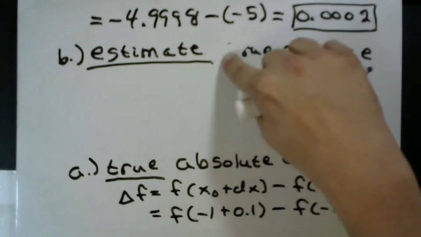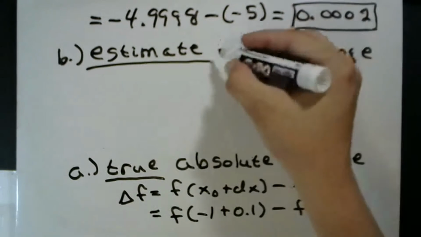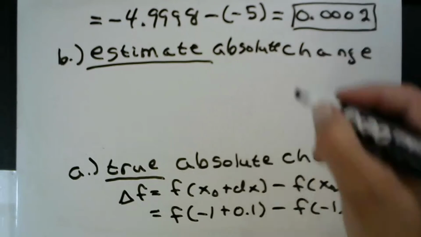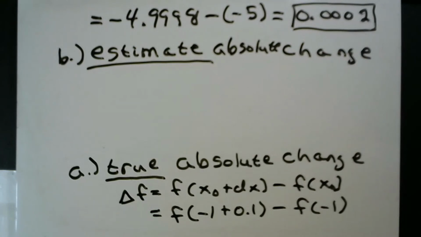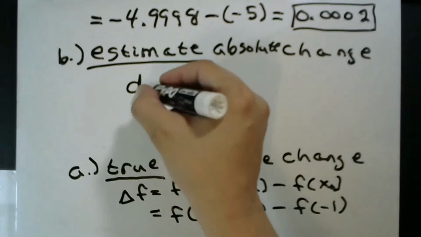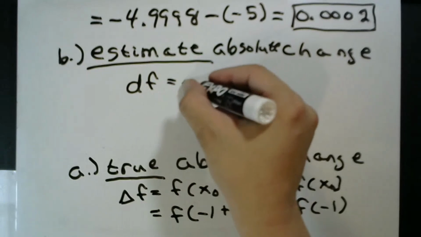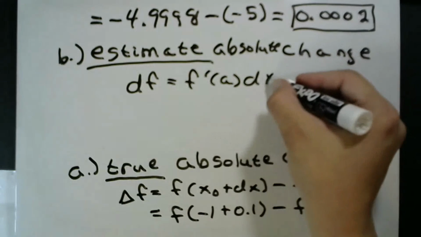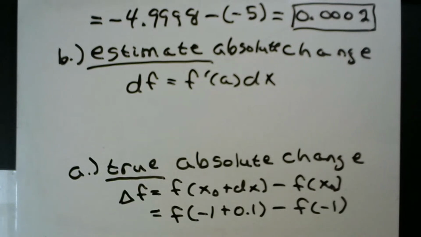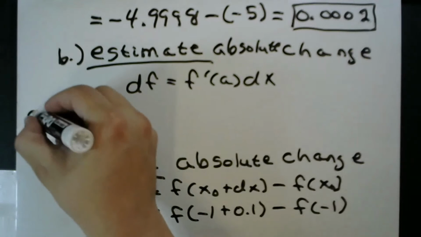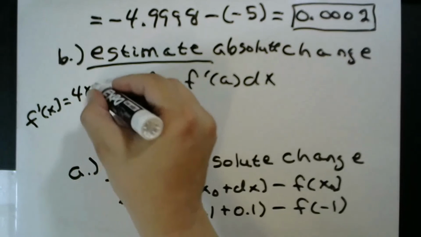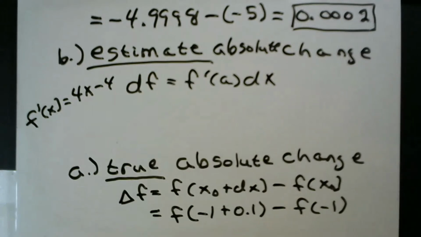Oh, I'm sorry. Estimate absolute change. Getting things confused. Well, for this, df is going to be f prime of a dx. Now, if you take the derivative of this, you'll get f prime of x is 4x minus 4.